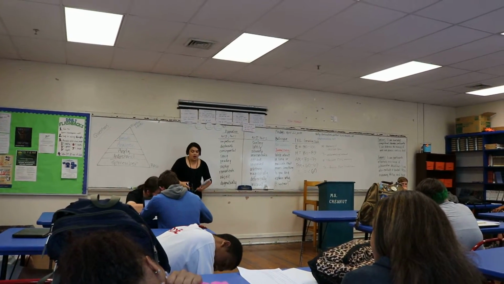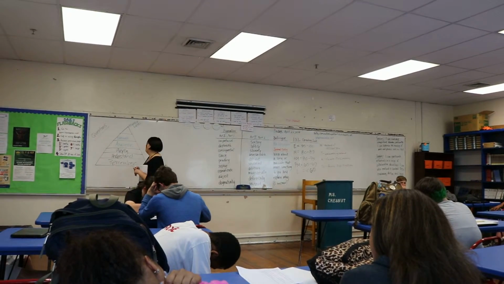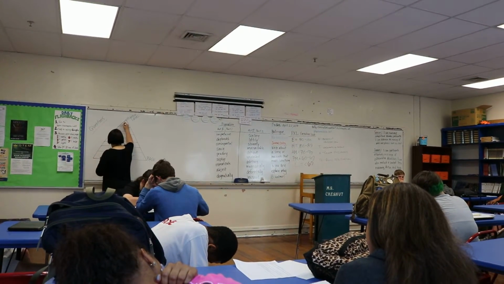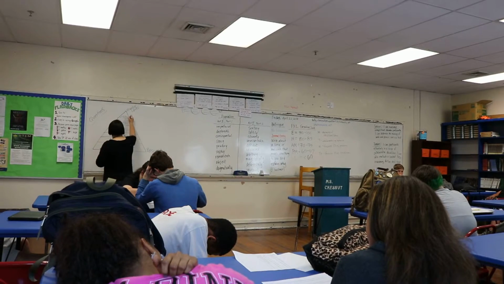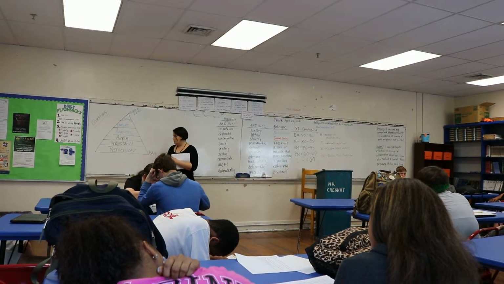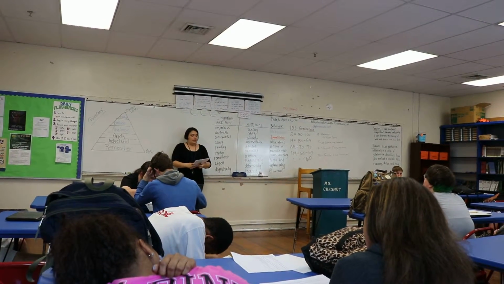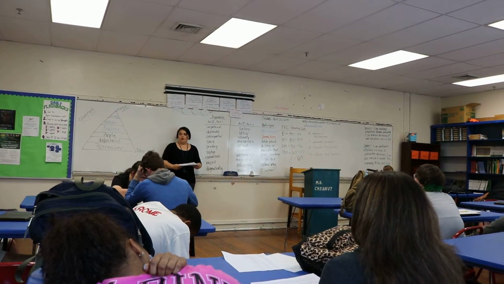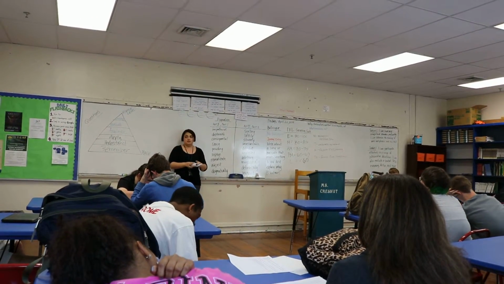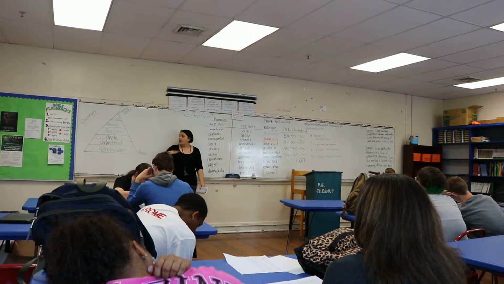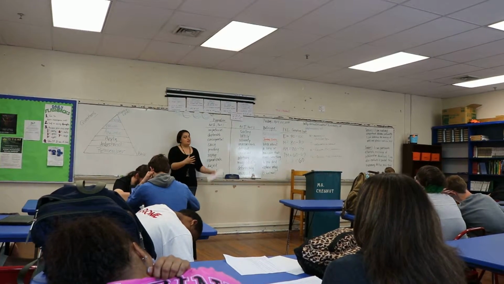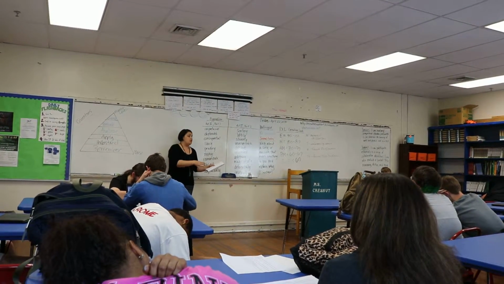Now, at the very top of the triangle, I think that's easy. Create your own questions. Create means to produce new or original work. And that's actually the hardest thing to do. It's really easy to look at something that somebody else has done and talk about it.